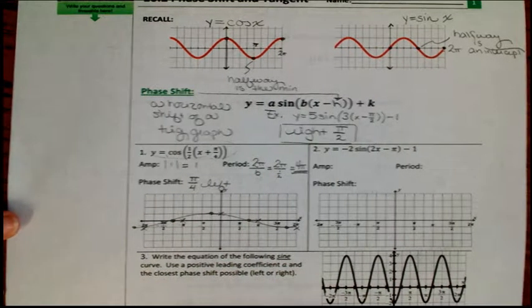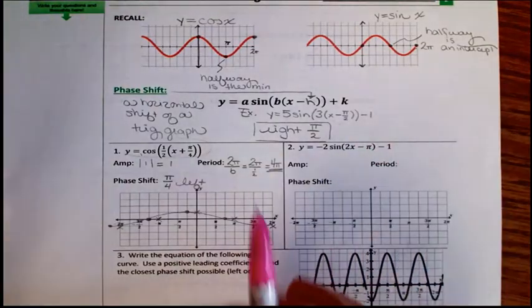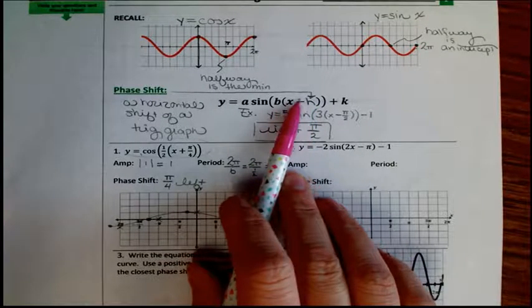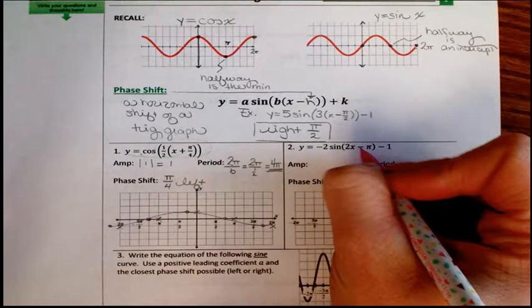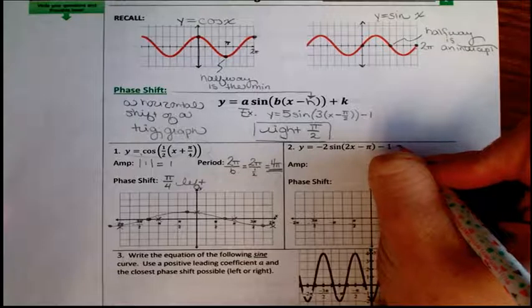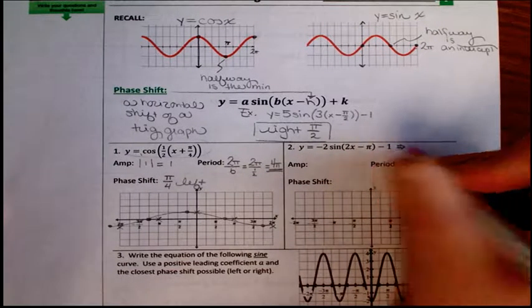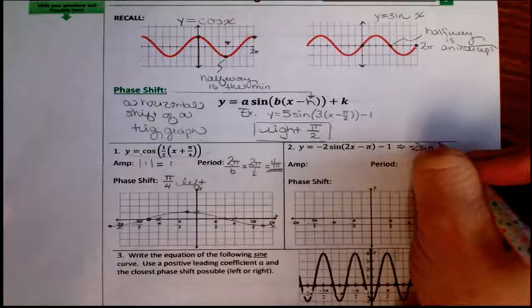Let's do some more. Let's look at this one. This is a little bit different from the format that you see here. To be able to accurately give your phase shift, it does have to have your B value factored out. So what we're going to do is rewrite this with our B value factored out. So what would that be? It would be -2 sine.